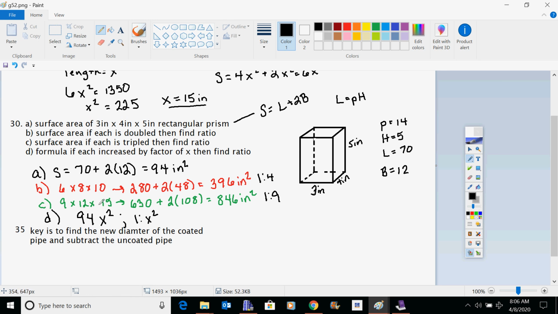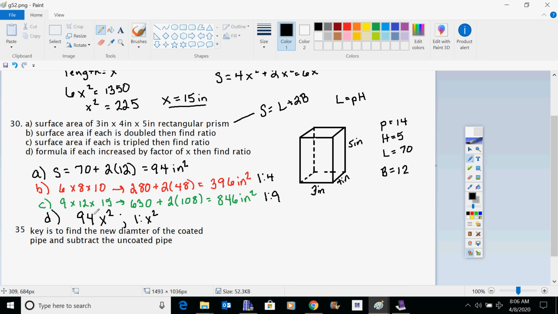The other calculations simply come by multiplying by 2 and multiplying by 3. If we compare the ratio, 94 compared to 396 would reduce to 1/4. 94 compared to 846 would be 1/9, which basically means that if you took 94 times 4, you would get this, and 94 times 9, you would get this.